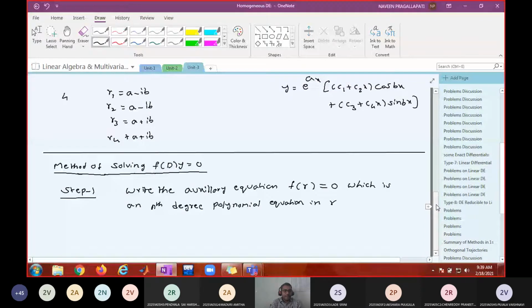What is step 2? Step 2 is solve the auxiliary equation f of r equal to 0 and find n roots r1, r2 and so on up to rn. What is step 3?